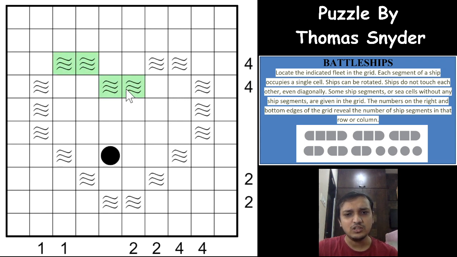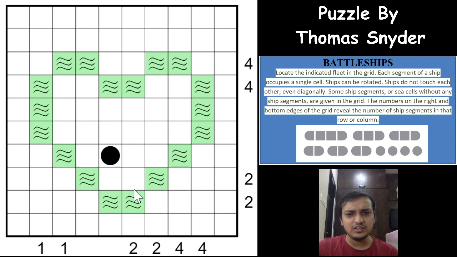Water cells means ships cannot be placed on these cells, so I can unshade them with a green color here, indicating that they are water cells, and ship segments cannot be placed on them. And the number outside the grid indicates the number of ship segments in the particular row or column, right? So coming on to the puzzle, let's see if we can start the puzzle.